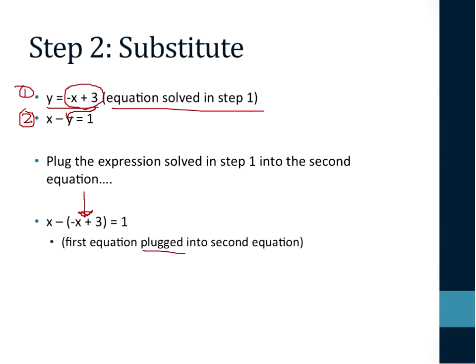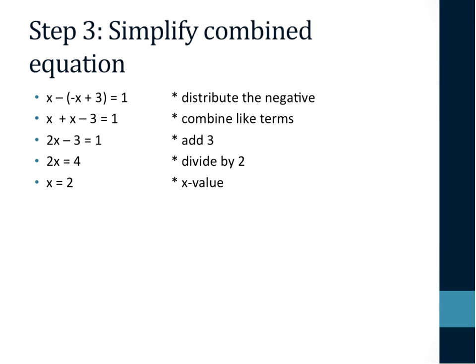Now I'm going to continue with the algebra. I'm distributing the negative to get x plus x minus 3 equals 1. x plus x is 2x, and minus 3 equals 1. I add 3 to both sides and divide by 2. I find that my x equals 2.